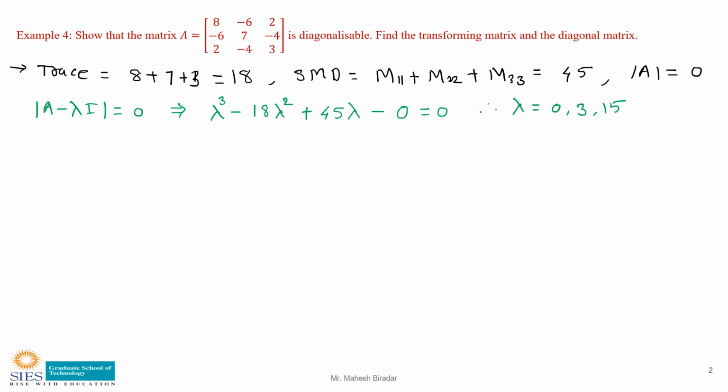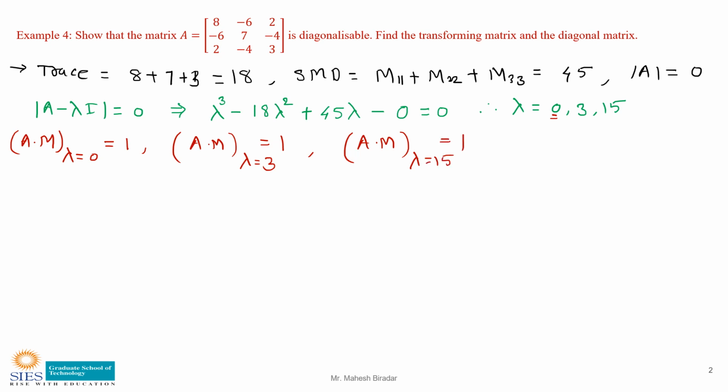All of you note here, AM, the algebraic multiplicity of 0, is 1, which is not repeated. Algebraic multiplicity for lambda equal to 0 is 1, for lambda equal to 3 is also 1, and for lambda equal to 15 is also 1.